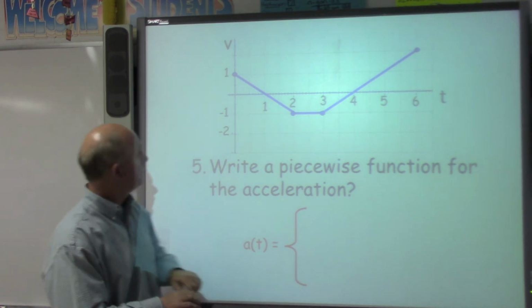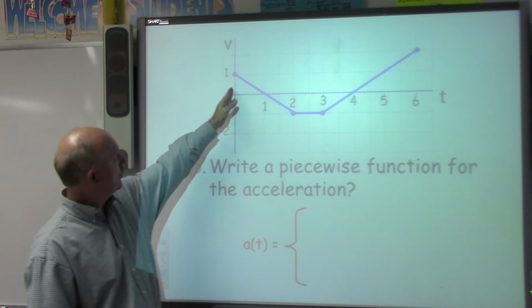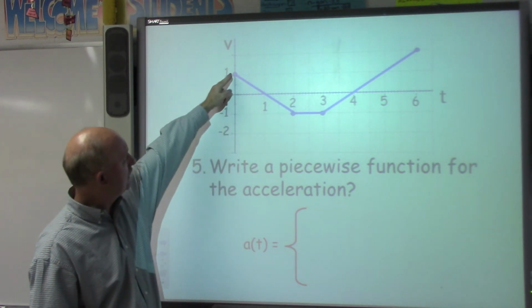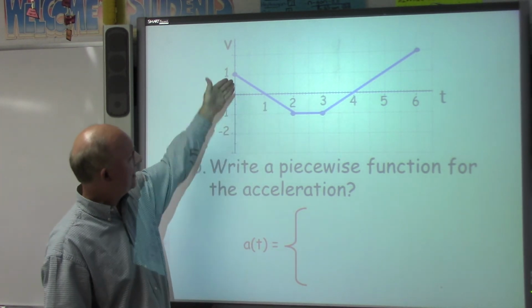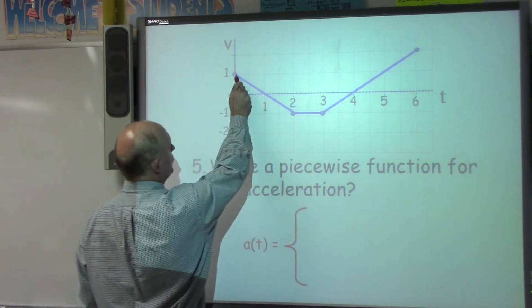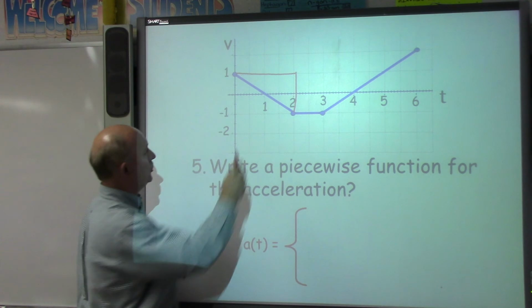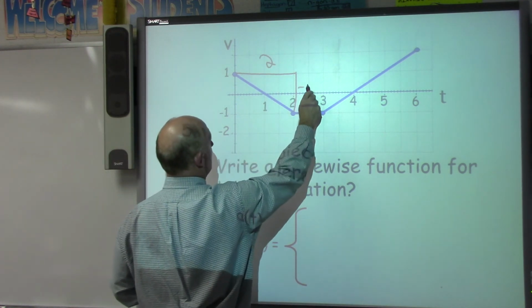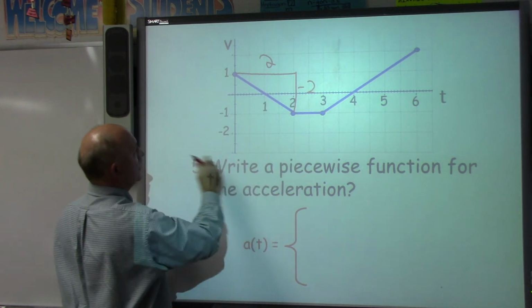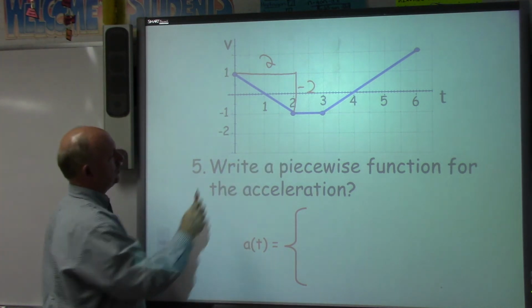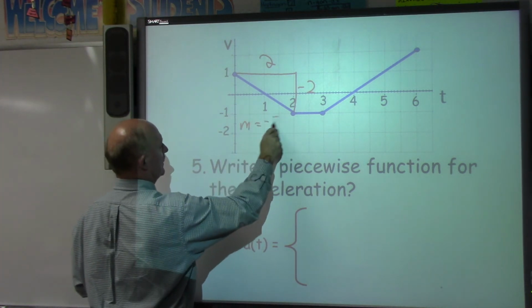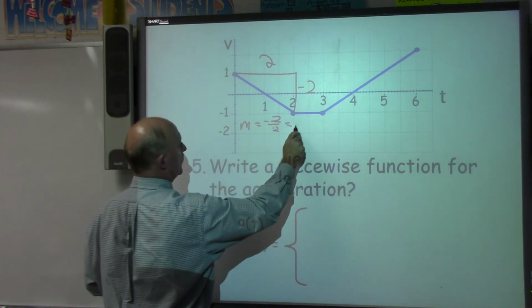Now you notice from t equals 0 to t equals 2, the line here has a negative slope. So we're moving to the right and then down. So let's see, now we're moving to the right 2 units, and then we're moving down 2 units, so the slope would be -2 over +2, which is -1.